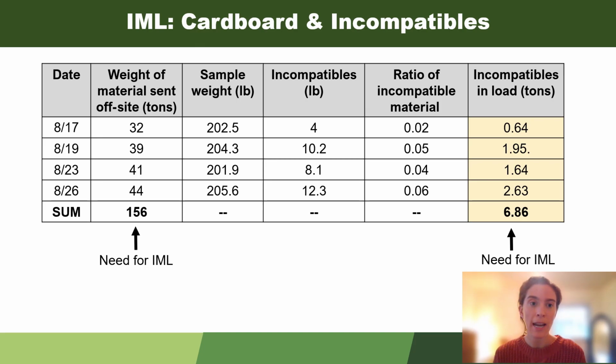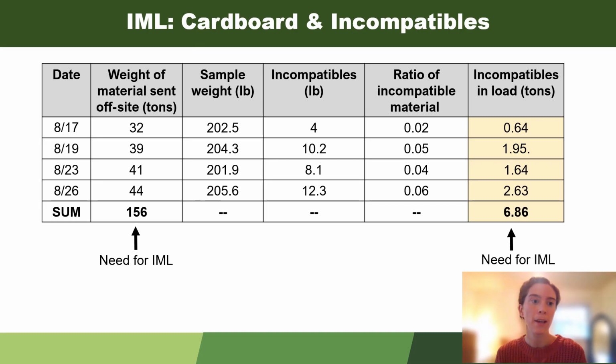To get the estimated incompatibles in the day's outgoing load, we take the total weight of material sent off site, that 32 tons sent out on the 17th, and multiply it by our incompatible ratio, 0.02. This gives us an estimated 0.64 tons of incompatibles in that total 32 tons of cardboard we sent off site that day.